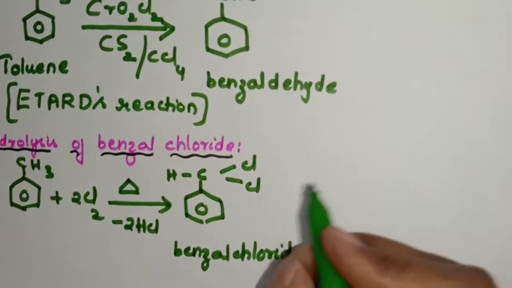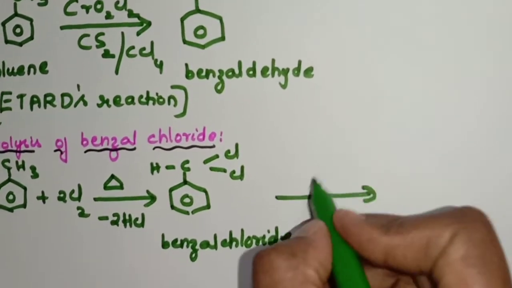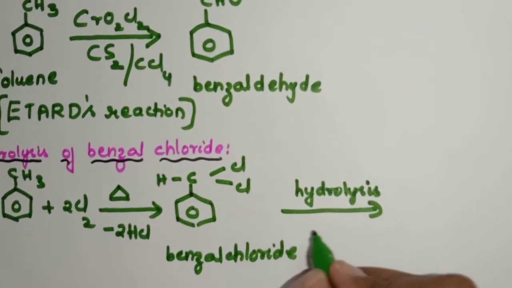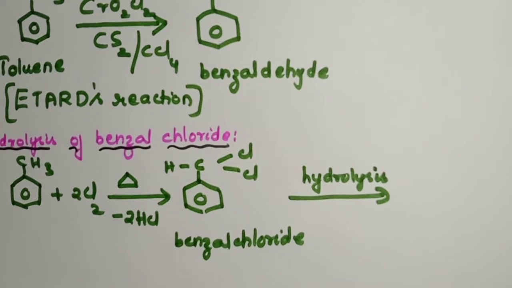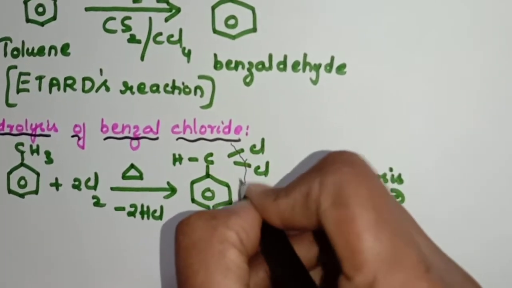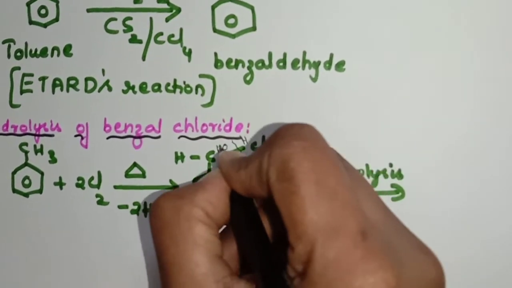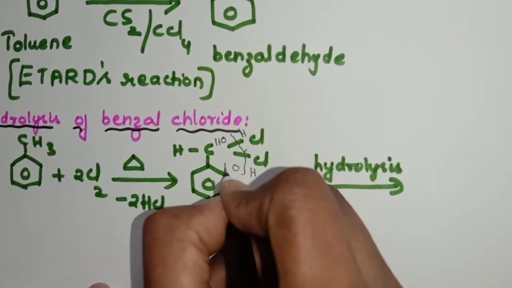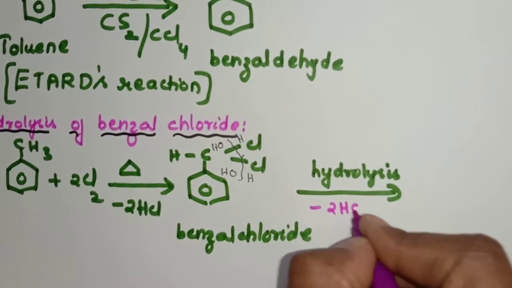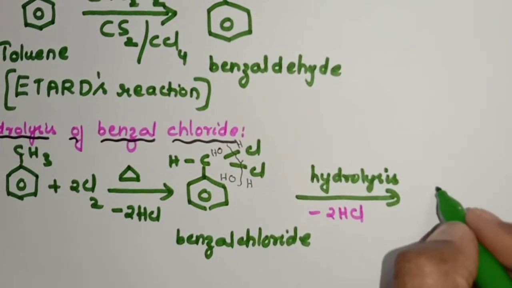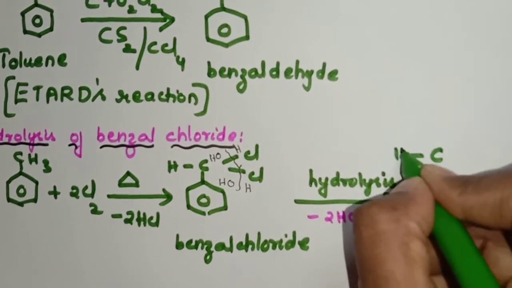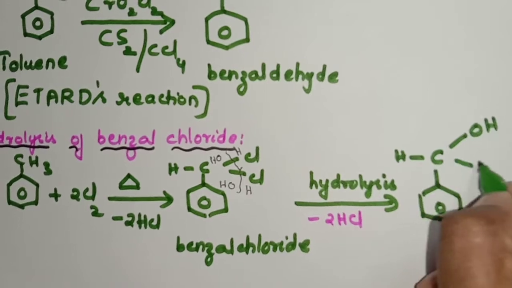This chloride on hydrolysis, what happens? Hydrolysis takes place here, the bond breaks up here. H OH, H OH. Minus 2 HCl forming C6H5CH(OH)2.